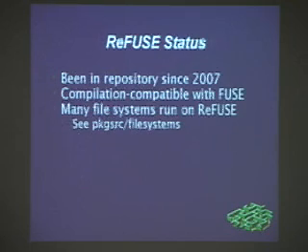The status of it: it's been in the repository since 2007. It's compilation compatible with FUSE, so we can recompile any of the FUSE file systems and have them work under refuse. If you want to see more, have a look in pkgsrc. There's a whole lot of file systems there: NTFS-3G, AFPFS-NG, and a whole lot of other more unusual ones.